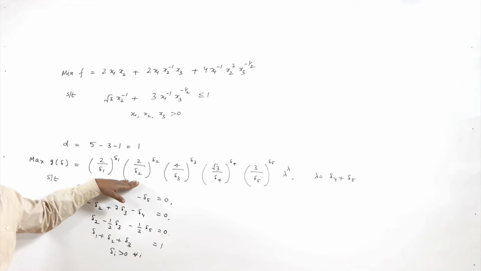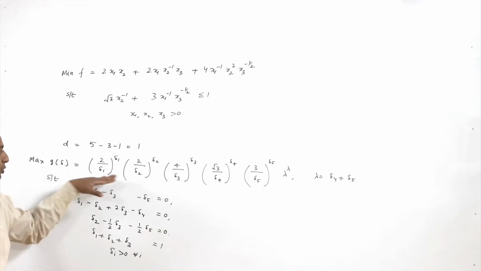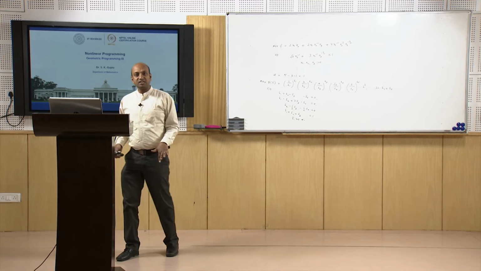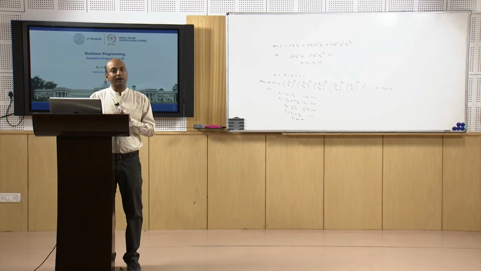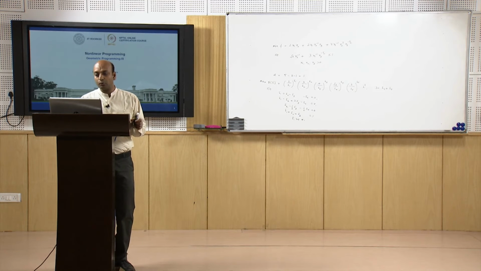Now, this is to be maximized. In order to maximize, since G delta is in only one variable, we take the log on both sides, differentiate with respect to delta 5, and find the maximum value of G delta. When we do all this, we get delta 5 equals 1 by 2.